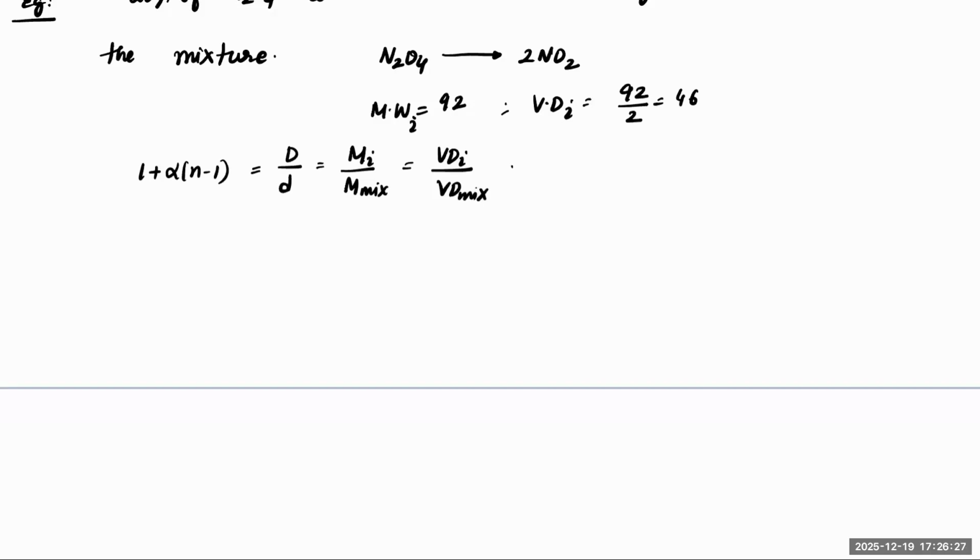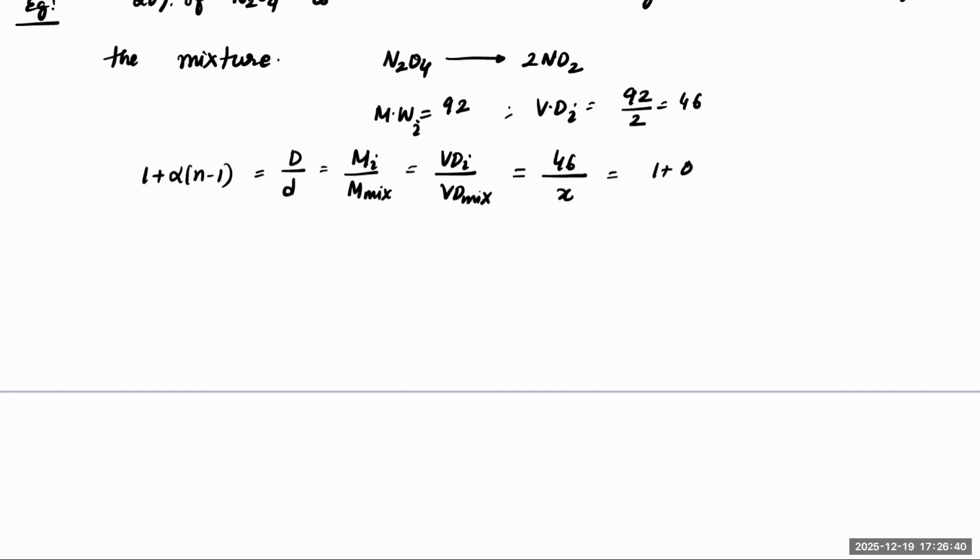Hence, initial vapor density is 46 divided by the vapor density of the mixture. That is the x value which I need to figure out, and that is equal to 1 plus alpha. Alpha is how much given? 20%. So 0.2 into the number of moles, 2 minus 1. Correct? So what you are getting is x equal to 46 divided by 1.2.